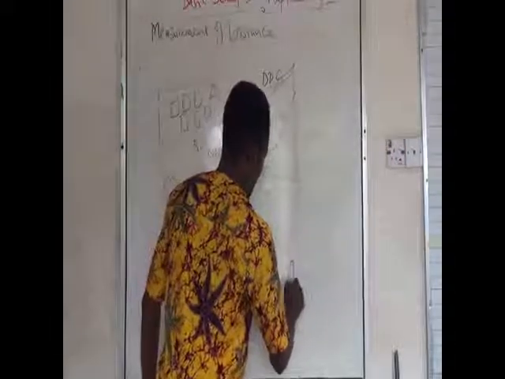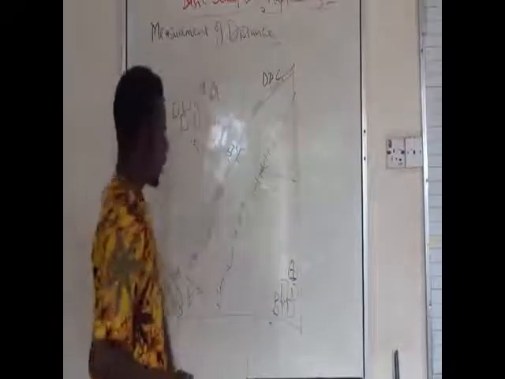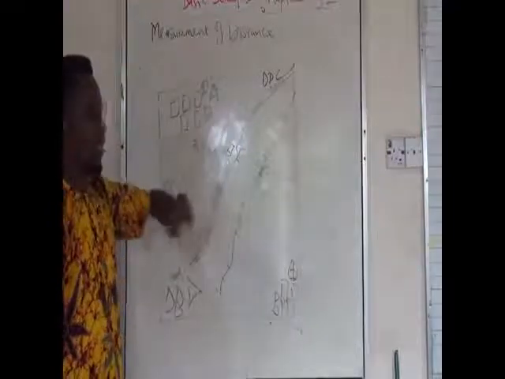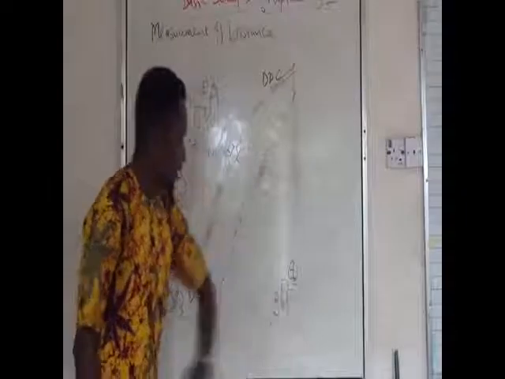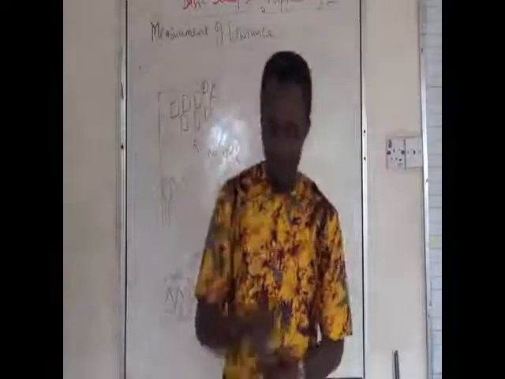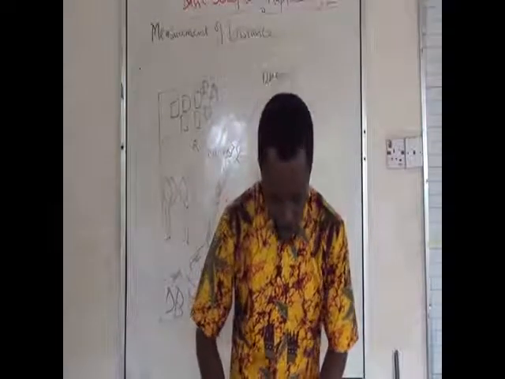Assuming we have airports here, and we also have airports here, we can measure the distance it will take you to travel from town A to town B. So at the end of the day, we discover that it is very possible to measure distance, and that's what we are going to do now.